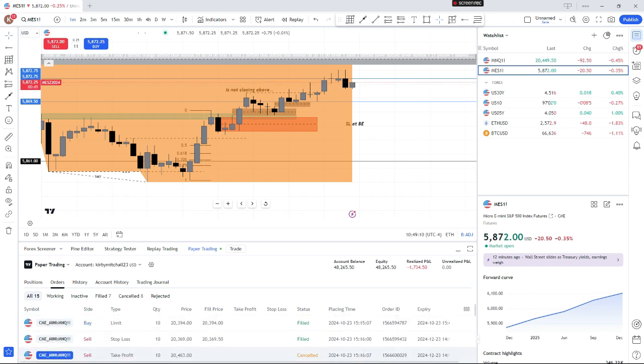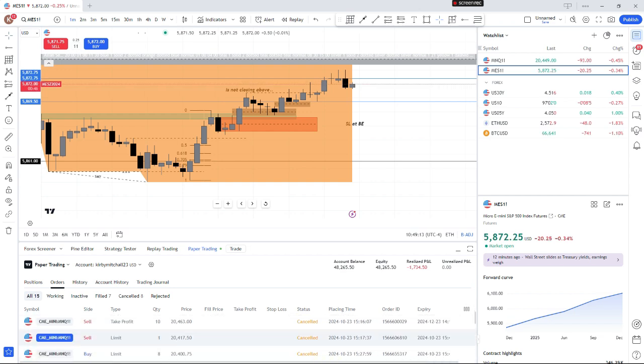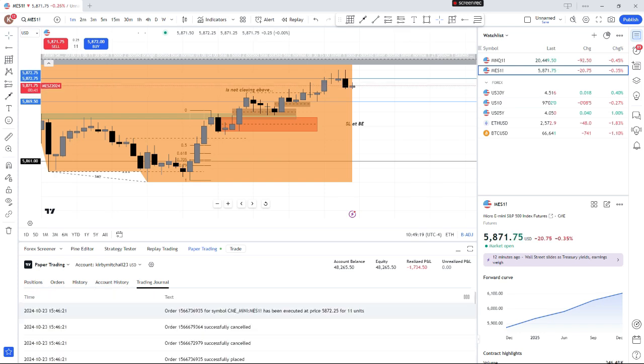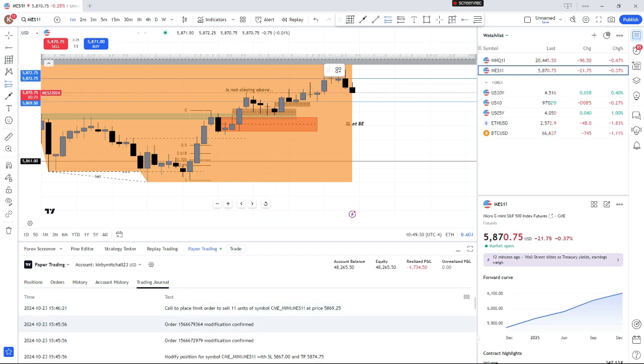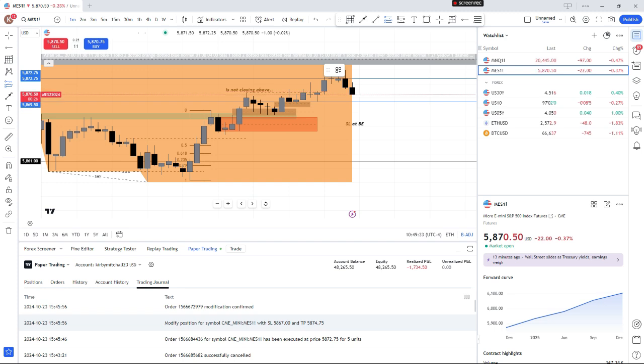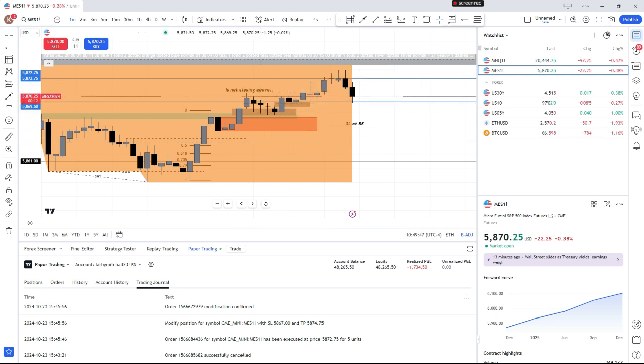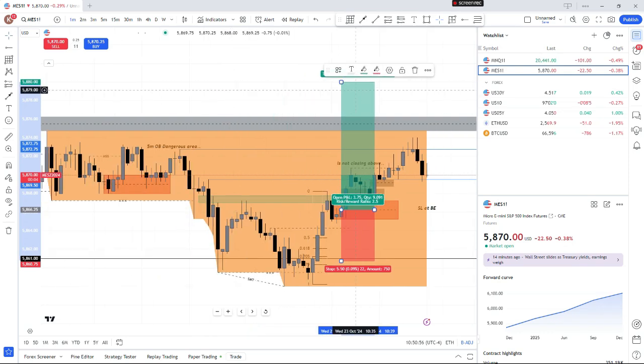Where's ES? Price at 5872. Oh, I closed that there. $5,867. Right, so I entered here. Stop loss at. Wait, that's not even right either. One second. Alright, so I entered around here and I was going to target all the way up here.